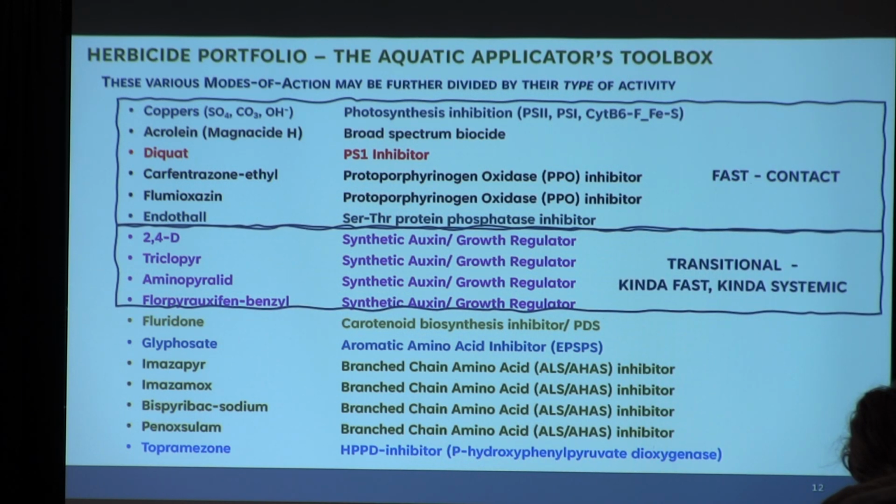Next, we have what I refer to as transitional. Now, these are systemic herbicides. They do move throughout the plant after treatment, but I refer to them as systemics because the control we get from these is typically more in line with what we see with contacts. On the aquatic side, you can get good results with the growth regulators.